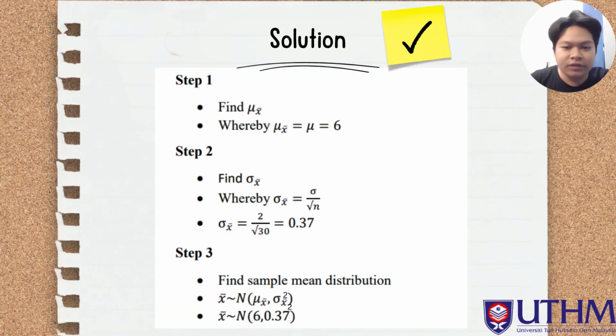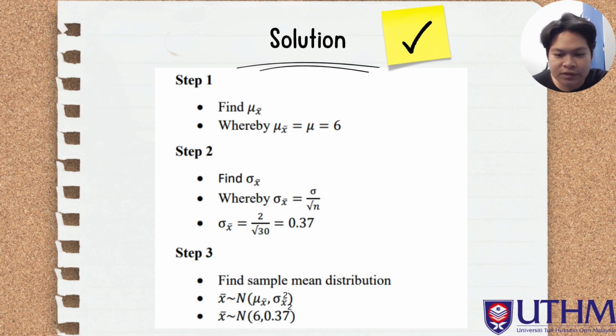The solution: first step is to find the mean for the sample. Mean, for example, mu X bar is equal to the mean of the population, which is equal to 6. From the question, you get the mean population is 6. Okay, next step 2, to find the standard deviation.